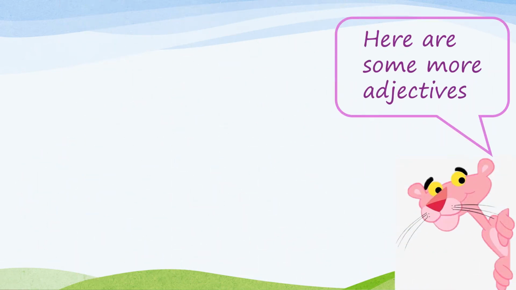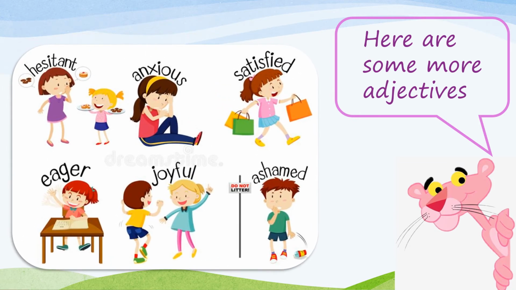Here are some more adjectives. In the first picture, we have this girl who is hesitant. So she cannot make up her mind to choose what she wants.